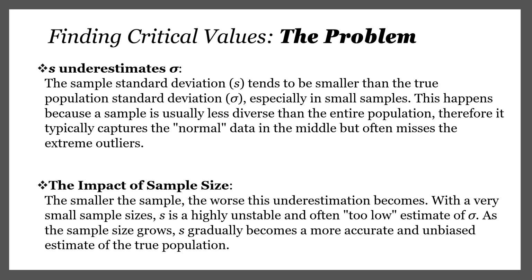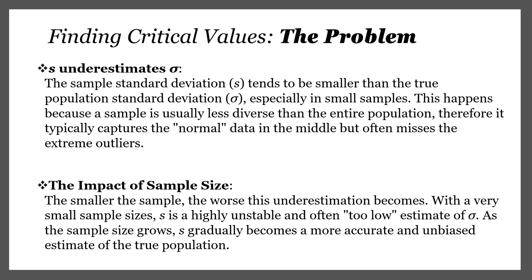One important factor in determining the quality of that estimate is the sample size. If you have a very large sample size, then S becomes a good, reliable, unbiased estimate of the population standard deviation sigma.